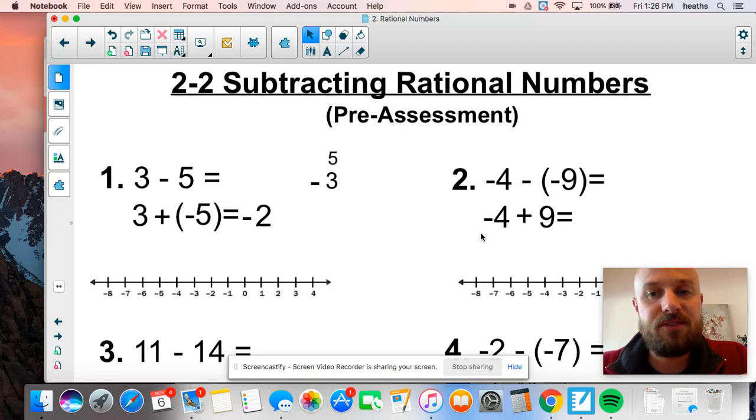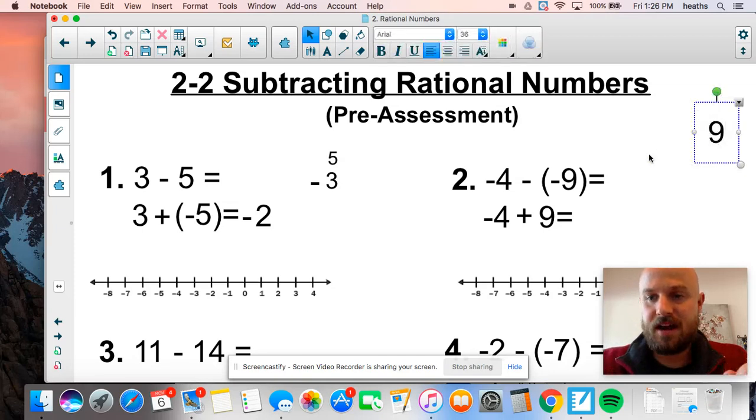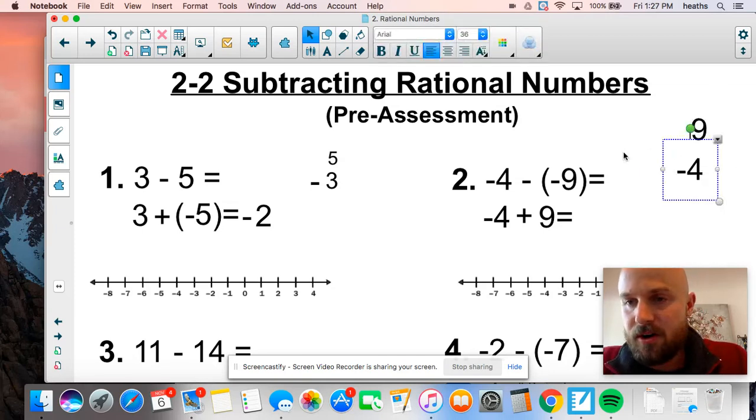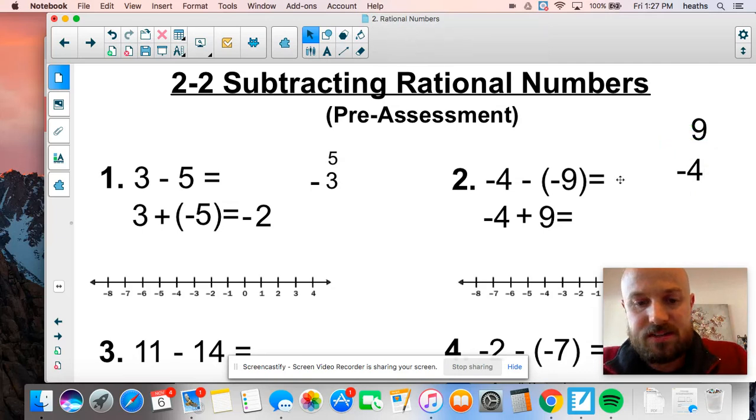Negative 4 is negative, and 9 is positive, which means we're going to subtract their absolute values. 9 minus 4 is going to give us 5. But what number is larger here? We have 4 and 9. 9 is larger, and 9 is positive, so we're going to keep that number positive.